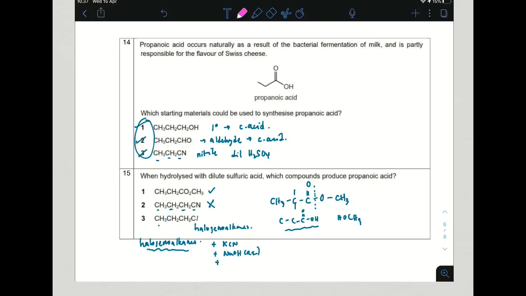They can also react with ammonia, ethanolic. And then for the elimination reaction, you react with sodium hydroxide but in ethanolic condition. That's going to be the elimination reaction for halogenoalkanes. So for halogenoalkanes, there is no reaction when it involves the dilute sulfuric acid. So no reaction. So the only answer is going to be number 1.